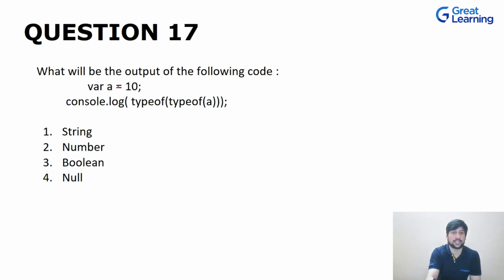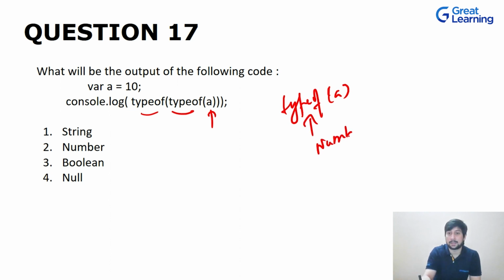Now let's move on to the next question. Here we have defined a variable a, which is 10, and then we are trying to find out the type of this variable. So we have type of a, and then we are again doing a type of. So what will be the output? This is the most commonly asked question. We know when we do a single type of a, it will return a number, but that number is returned in double quotes, so this will be treated as a string.